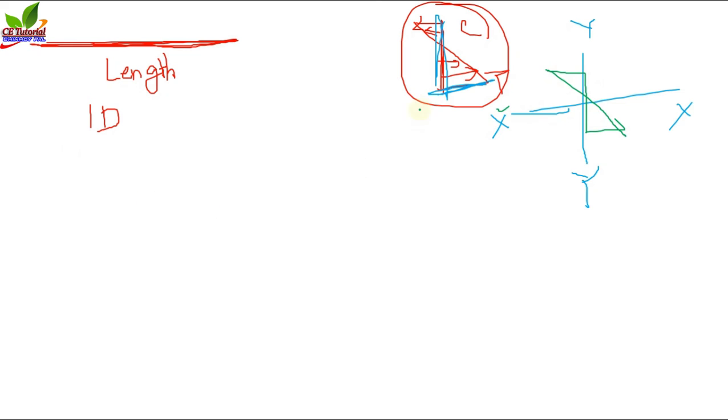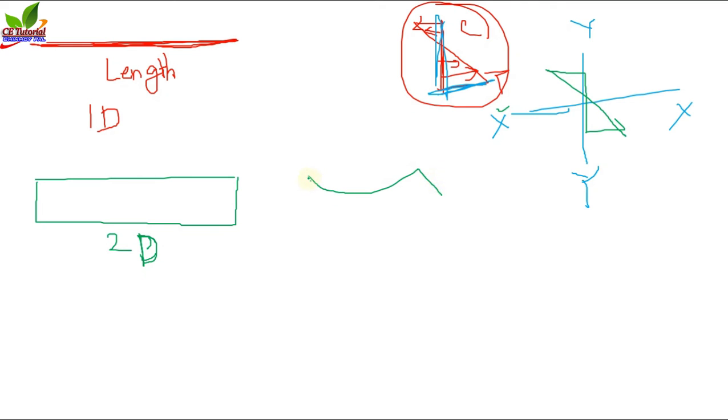That means to calculate the bending stress and to draw the bending stress diagram, we have to assume the beam as a two-dimensional element. Otherwise, we cannot calculate or draw the bending stress diagram. That's why you can always find this type of figure in your textbook.